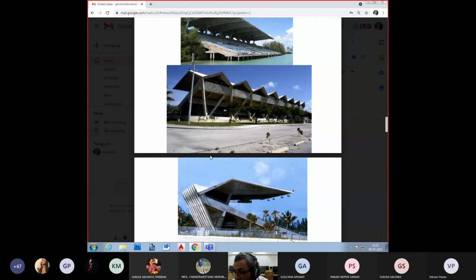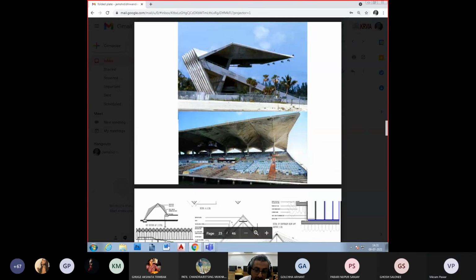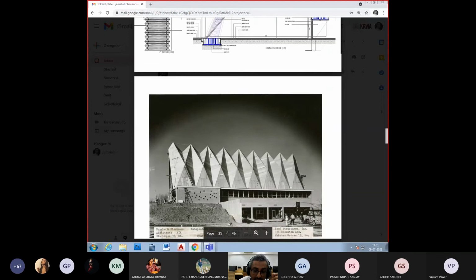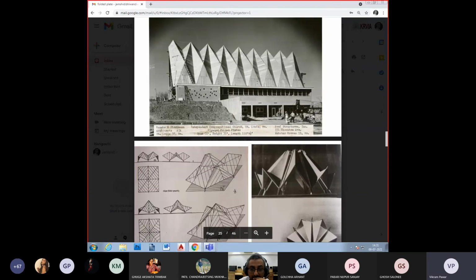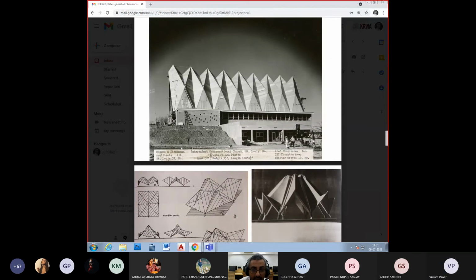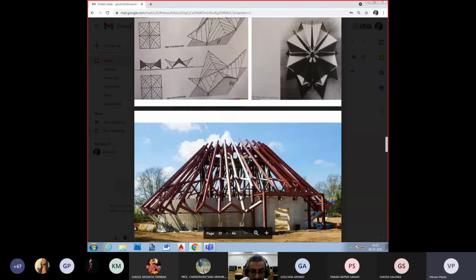You don't have to rely on cladding and glazing and other envelope systems to create the character or the identity of the building. The structural system itself provides character to the building. That's what structuralism is all about. And here you can see fine examples of how the structural system of the building itself lends distinct identity and character to the building.